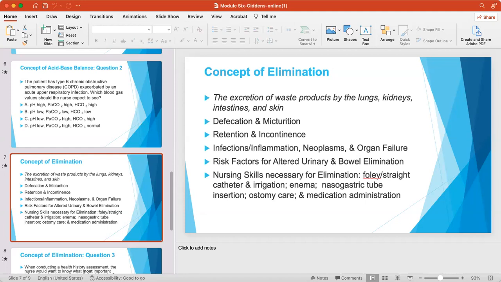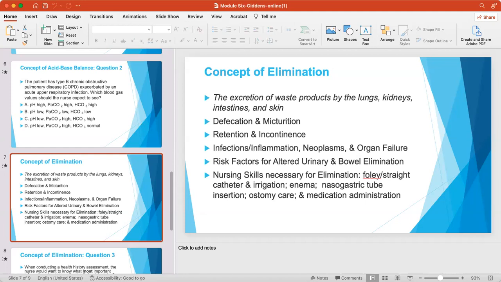Pregnancy also increases the risk of stool retention because of the pressure of the fetus on the bowel. You can see there are a lot of nursing skills necessary for elimination, and we'll go over them in lab and simulation throughout the rest of the semester.